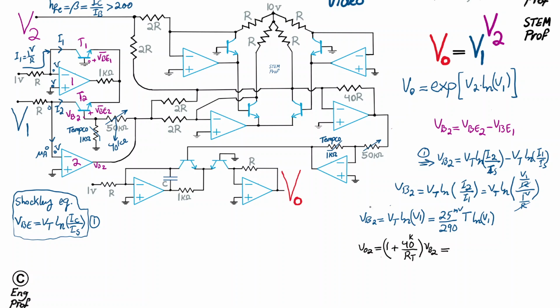Now, substituting for VB2 from here, I get 1 plus 40K divided by RT times 25 millivolt divided by 290 times temperature, times the natural log of V1.